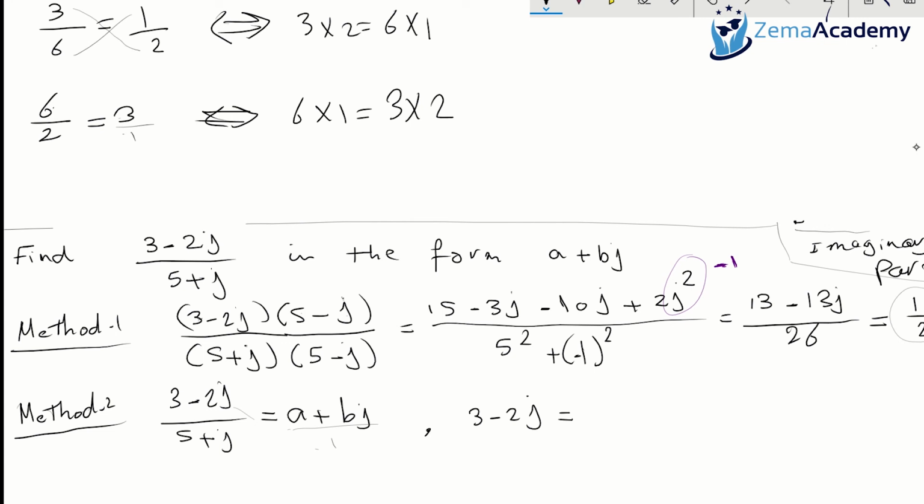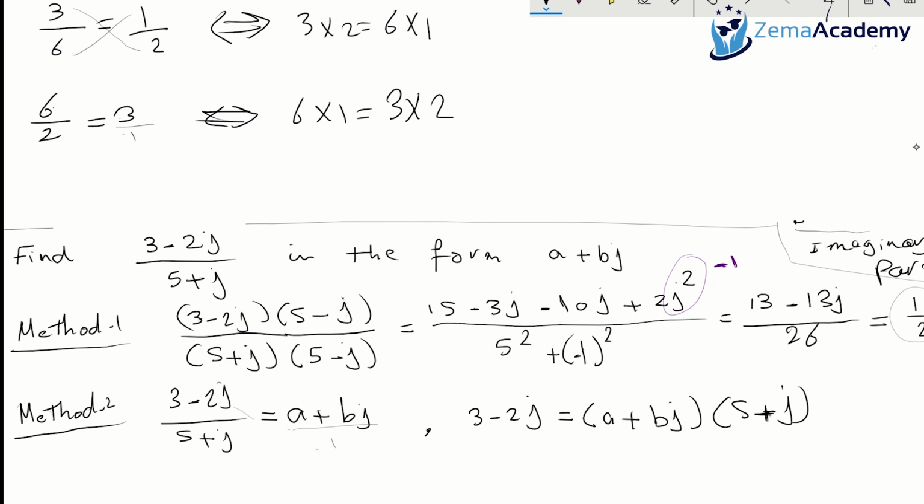The same thing here. 3 minus 2j times 1 equals a plus bj times 5 plus j. Correct?